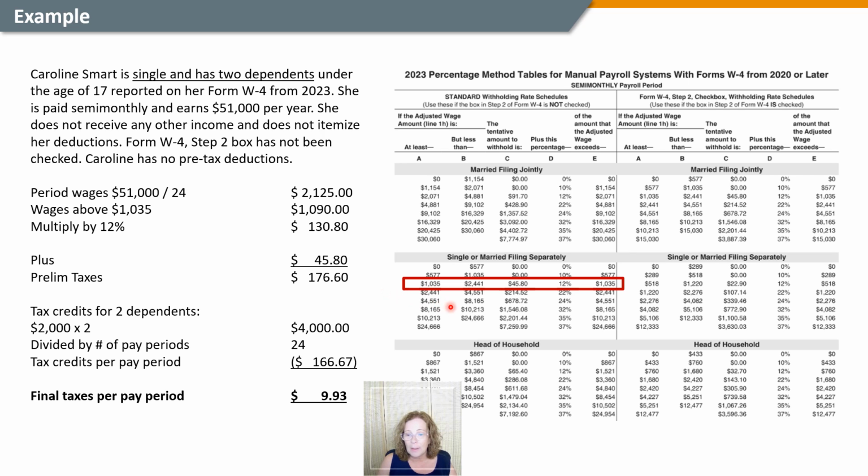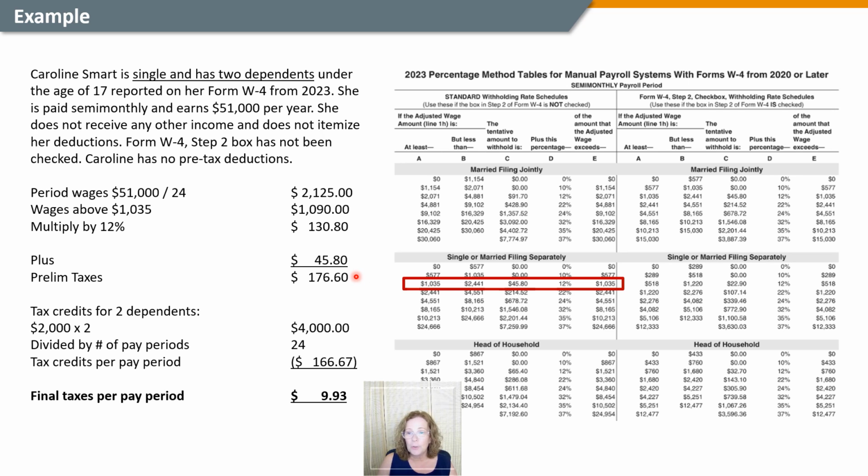We subtract $1,035 from $2,125, which is $1,090, and multiply it by 12% for a tax amount of $130.80, and then add the tentative amount of $45.80 for a total amount of $176.60.